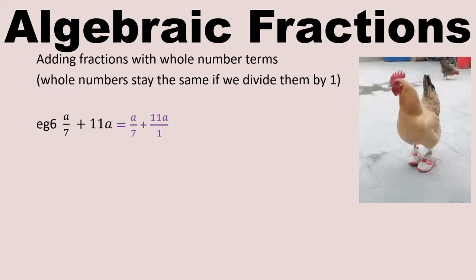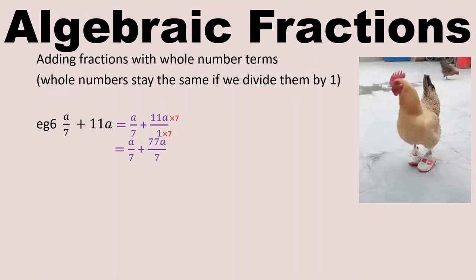What's the lowest common multiple of 7 and 1? Hopefully this is obvious and clear, and it should be just as easy for adding any kind of whole number term. We can just multiply 1 by 7 to make it 7. So 11a times 7 over 1 times 7. That's going to be a over 7 plus 77a over 7.